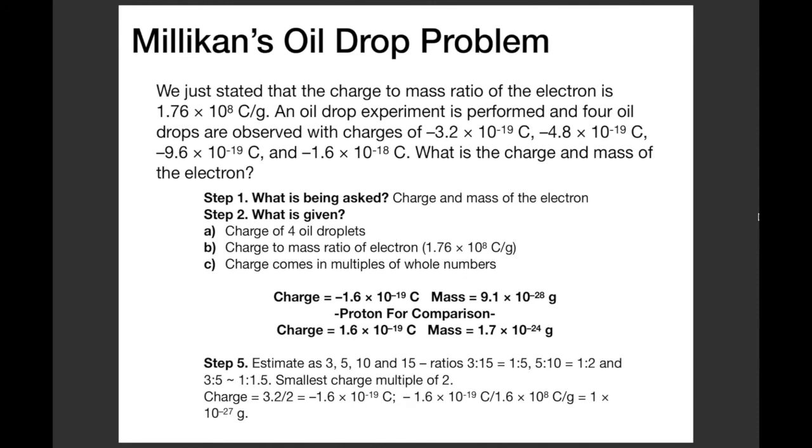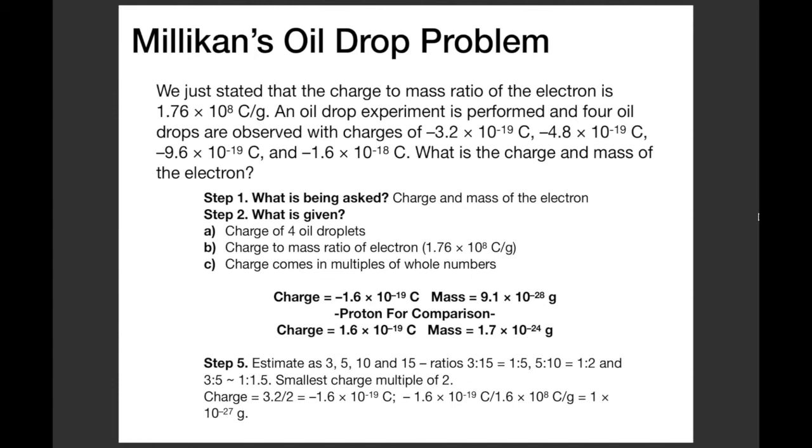To determine if this answer is reasonable, we're going to make some estimates. We're going to estimate the charges as whole numbers 3, 5, 10, and 15. The reason that we did this is because these are easy to work with. Essentially what we did is cancel out the negative sign and cancel out the 10 to the minus 19. We can make a variety of ratios, the ratio of the smallest two being 3 to 5, which reduces to approximately 1 to 1.5.